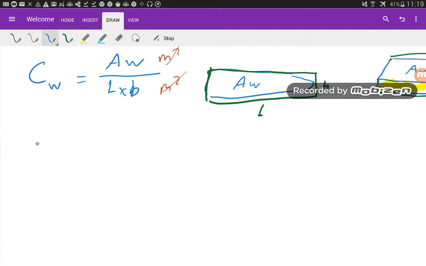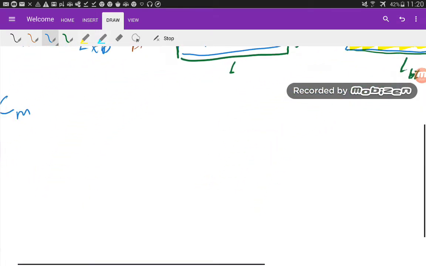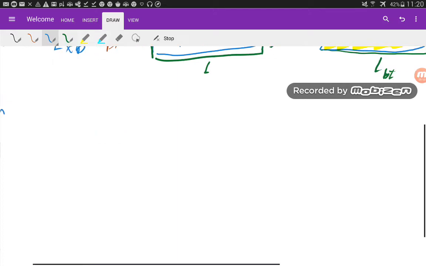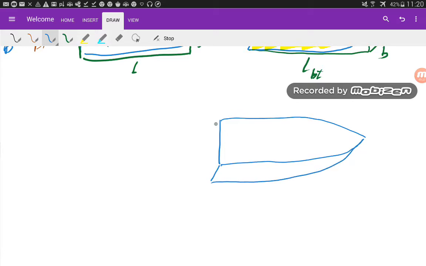Next one is CM, where M stands for the midship cross section. I'm going to draw the same vessel again here, with its waterline.